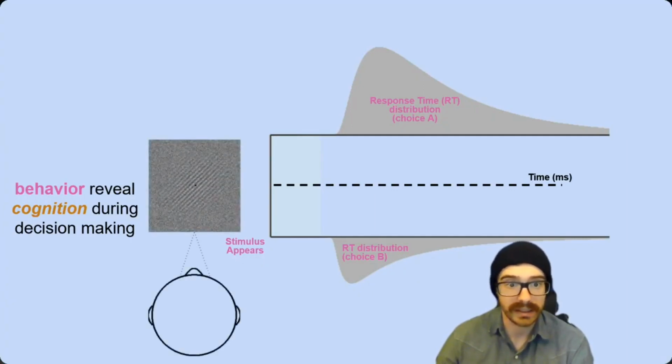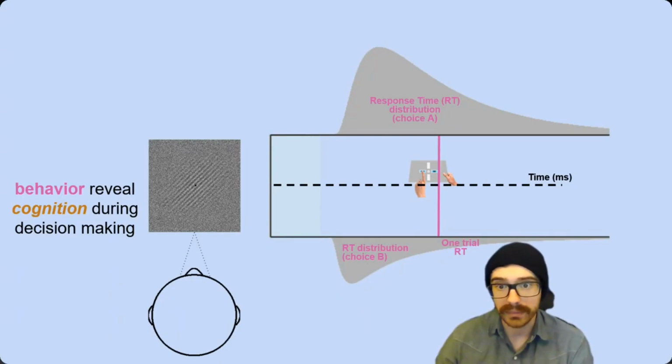So for instance, when a stimulus appears and we have to differentiate the spatial frequency of a high or low Gabor embedded in noise, and we observe one trial response time for that particular experimental trial, then we can separate out non-decision time from decision time in that particular response time.